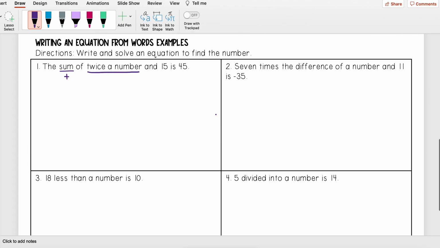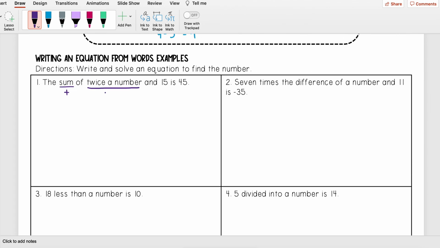So I'm doing 2 times, but it says 2 times a number, and I don't know what that number is. That is what we're trying to find. So every time it says a number, that really means we're just using our variable here. You can choose any letter, but I normally just choose X. And 15 is 45. So, is, that means equals.